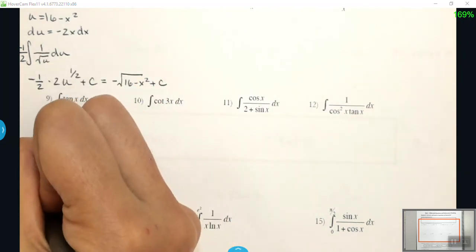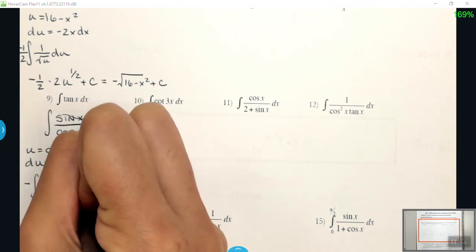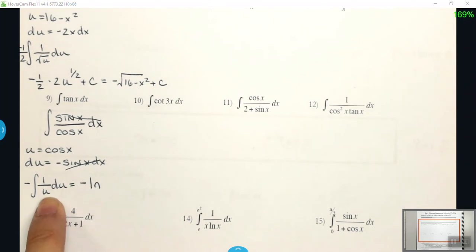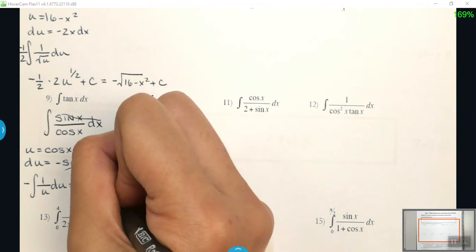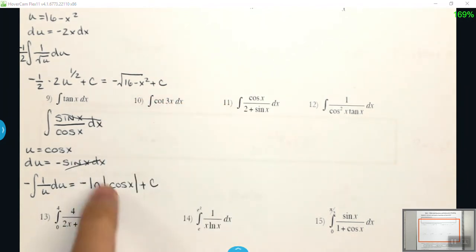So I have negative integral 1 over u du. So it becomes negative natural log, because that's just straight u. Negative natural log of cosine x plus c. So that's the integral of tangent.